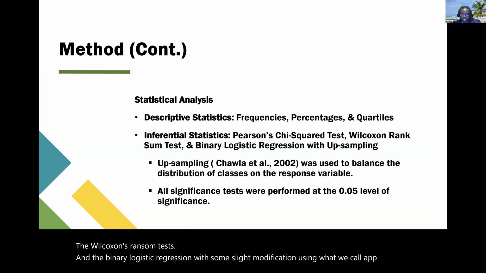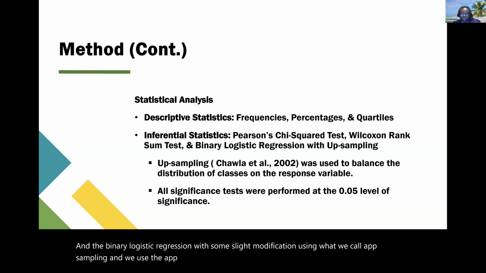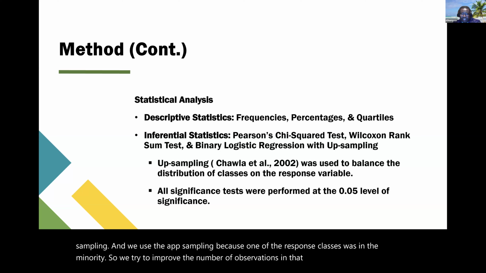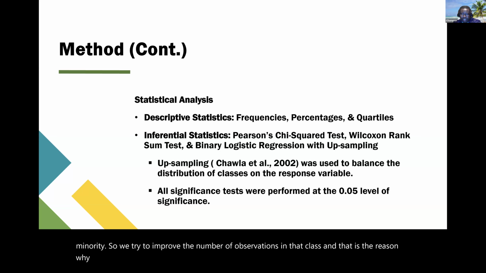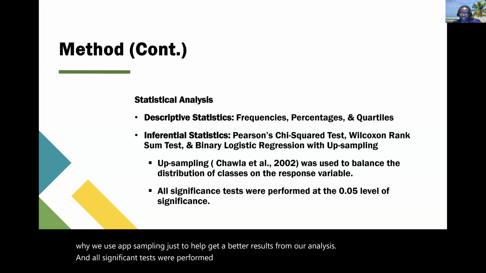We use the upsampling because one of the response classes was in a minority, so we try to improve the number of observations in that class, just to help get better results from our analysis. All significant tests were performed at the 0.05 level of significance.